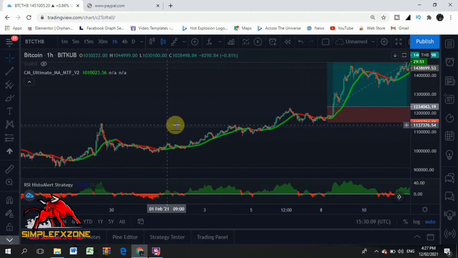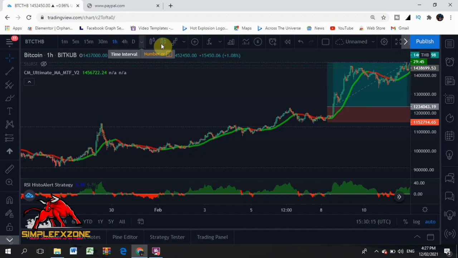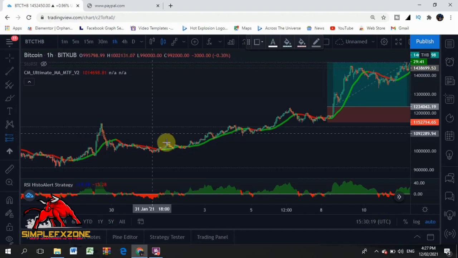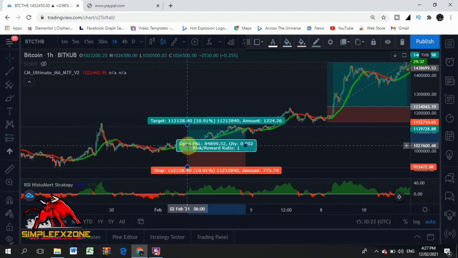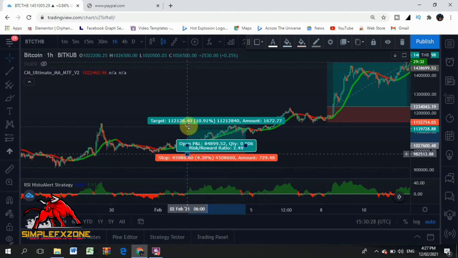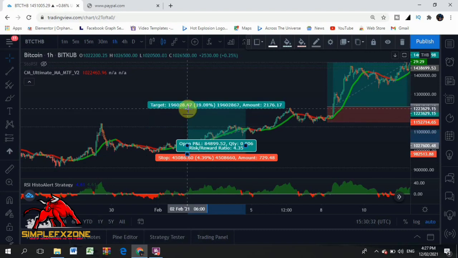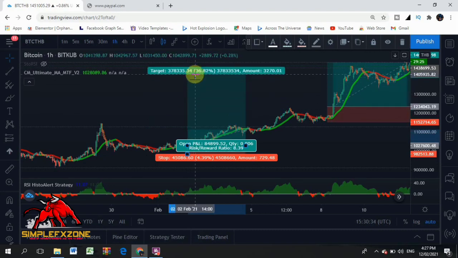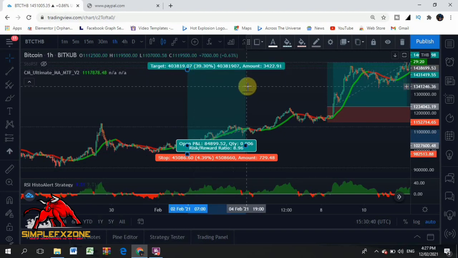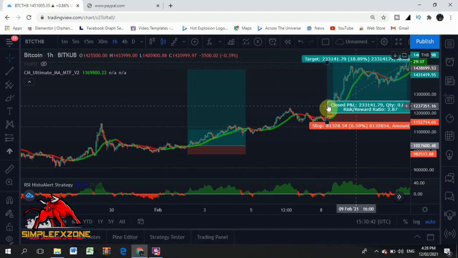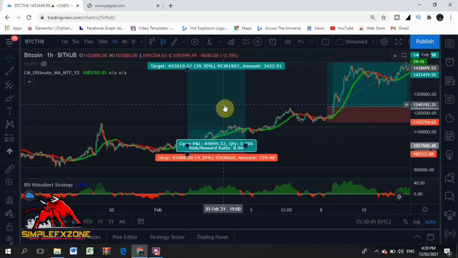So this is another one here. This one is about a 1 to 8 ratio, because if you don't close the trade, the price is still moving up.